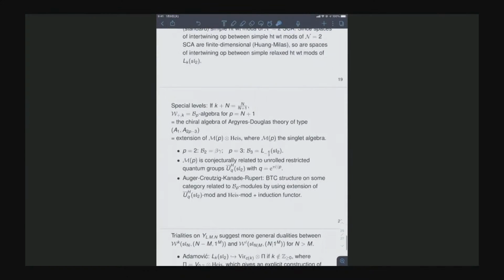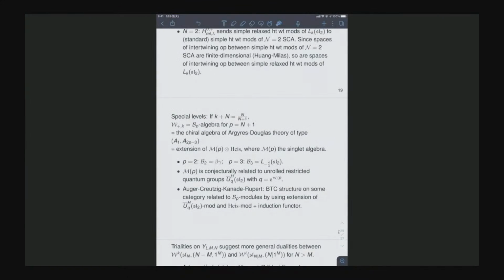And the third comment is about some special levels. If you consider k plus n satisfying this condition, then the subregular W-algebra is called the B_p algebra, where p is n plus 1. The B_p algebra is the chiral algebra of Argyres-Douglas theory of type A1, A_{2p-3}.